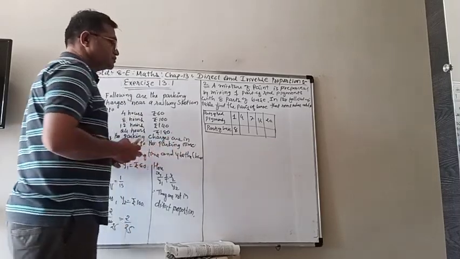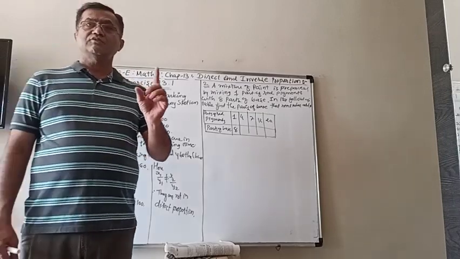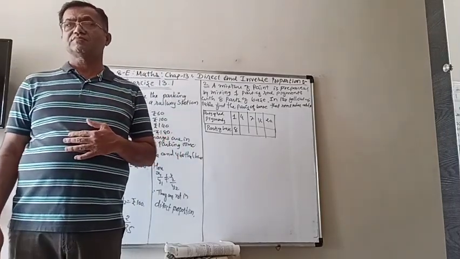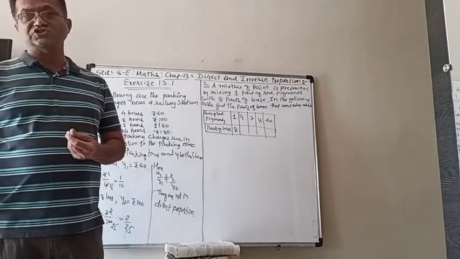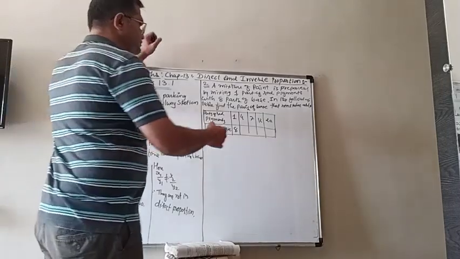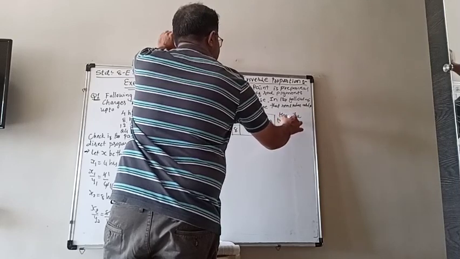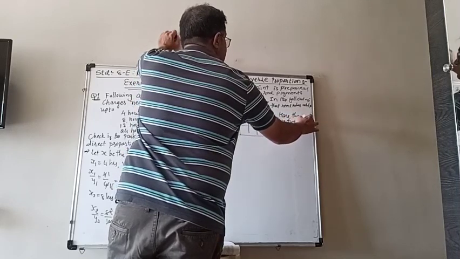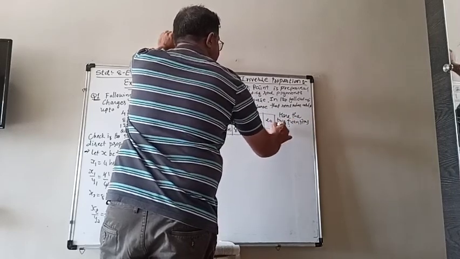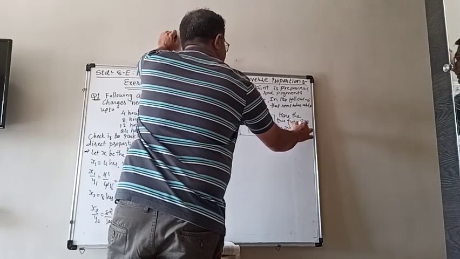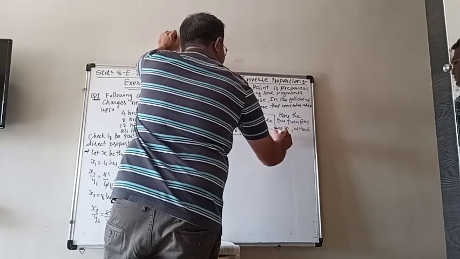So here we can see that 1 part of the red pigment with the 8 parts of the base means that the two quantities are in direct proportion.